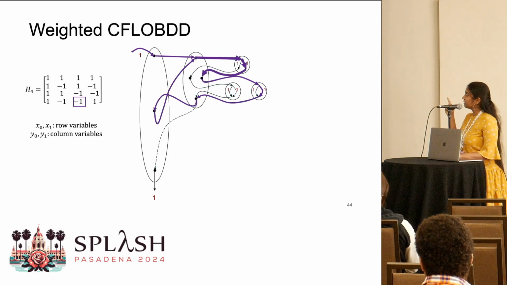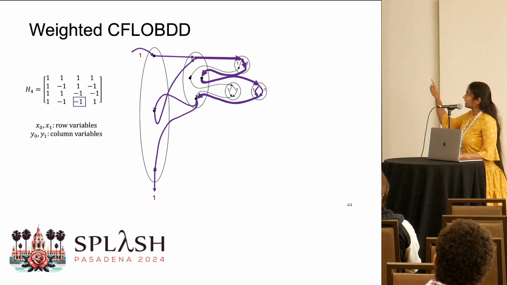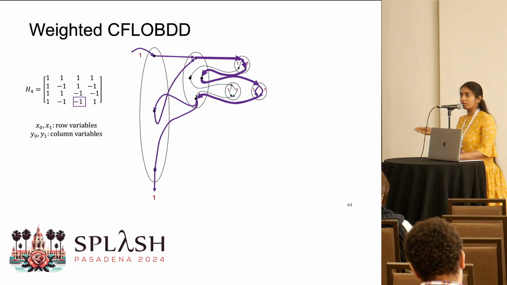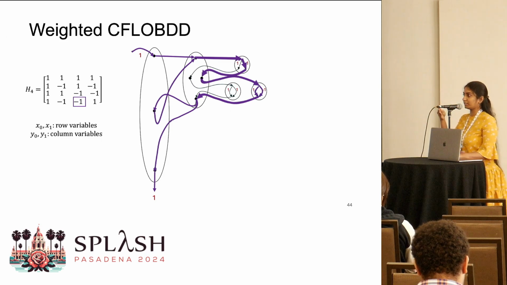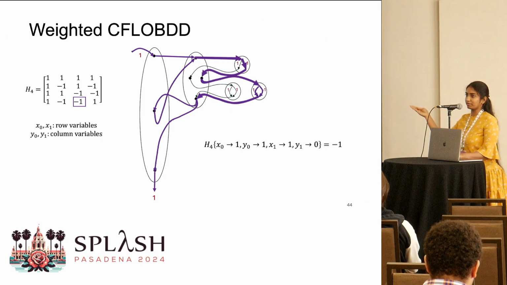Follow the path, and just take the path from level 2 to level 1 to level 0, and then come back, and then you end up at the terminal value. Now compose all the red highlighted values along this path, as we have done in the case of weighted BDDs or weighted decision trees, and you'll end up with -1. So all the assignments are now encoded in the structure.